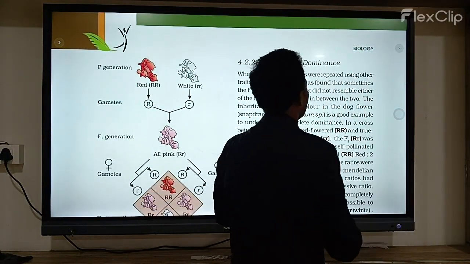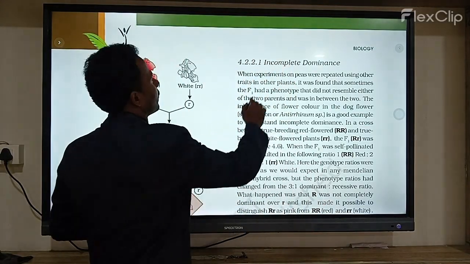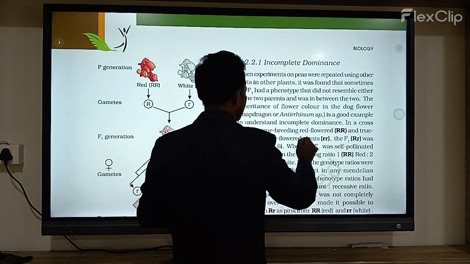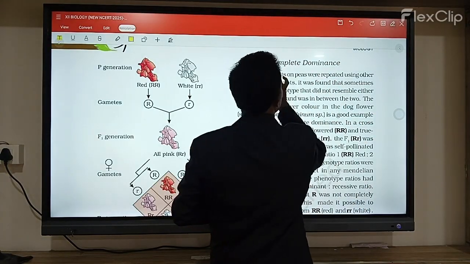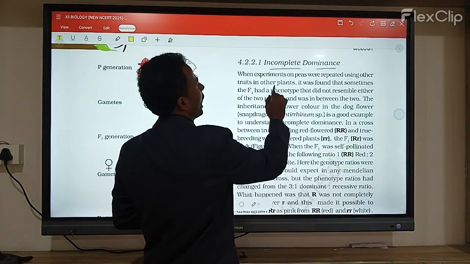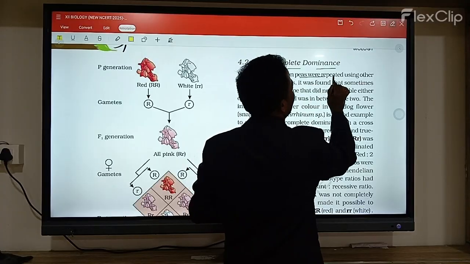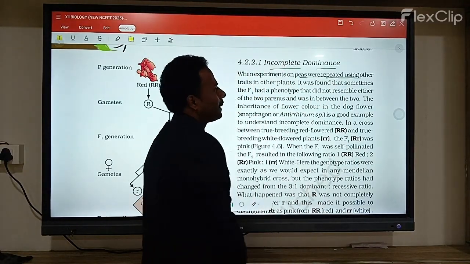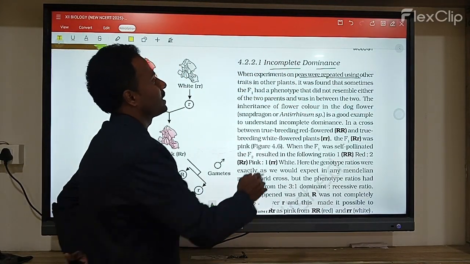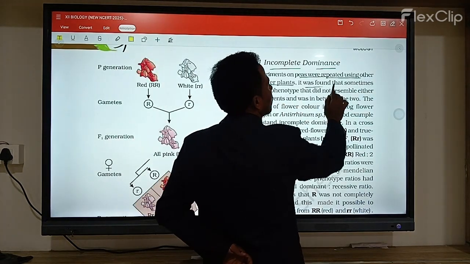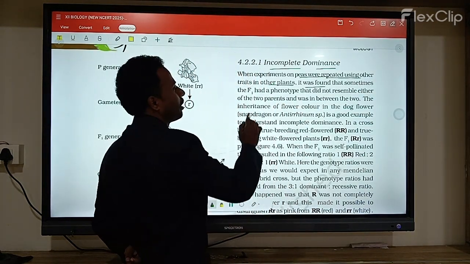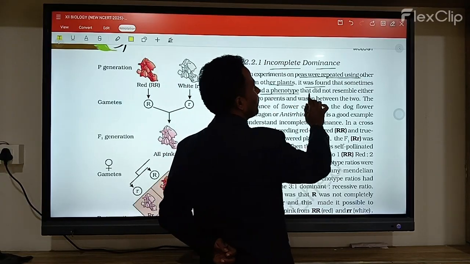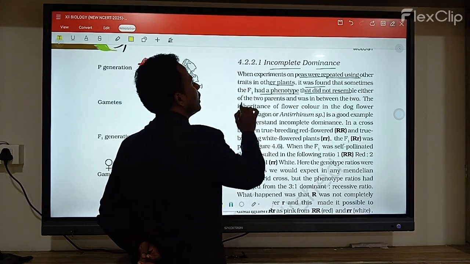Here, incomplete dominance. When experiments on pea plants were repeated using other traits of plants, it was found that sometimes the F1 phenotype did not resemble either of the two parents.